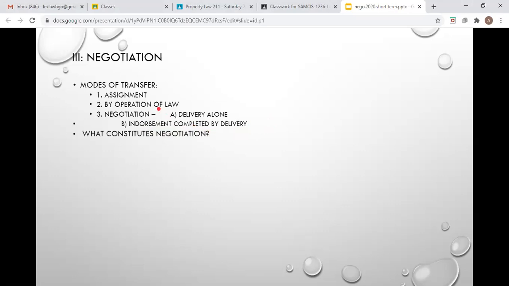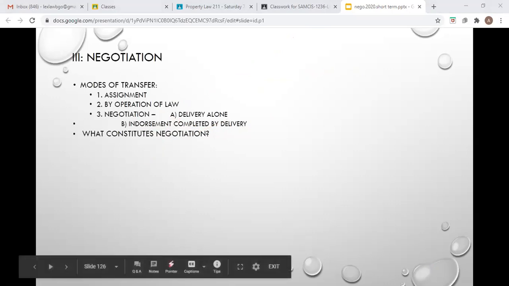So now I want you to know the distinction between assignment and negotiation. How will you now distinguish assignment from negotiation? In assignment, okay? So in assignment, the assignor, so assignment muna tayo. So in assignment, the assignor will deliver the instrument to a person known as the assignee. So you have to take note that in assignment, whatever the assignor's right has in the instrument, the same kind of title will also be given to the assignee.